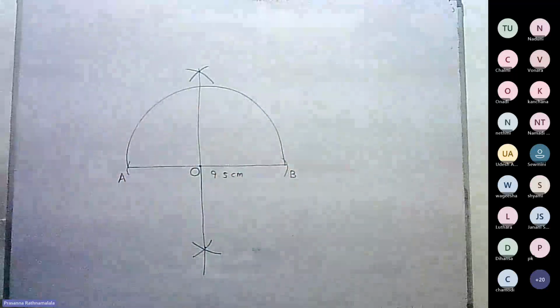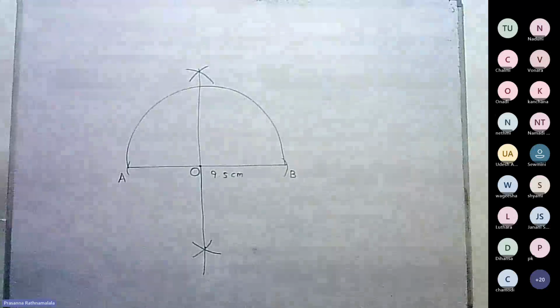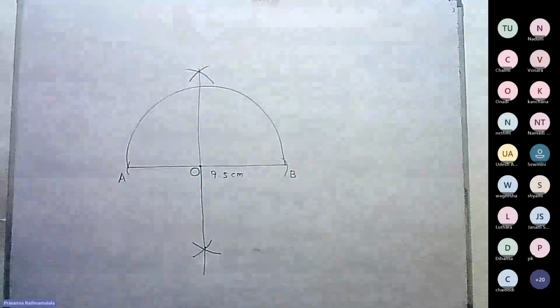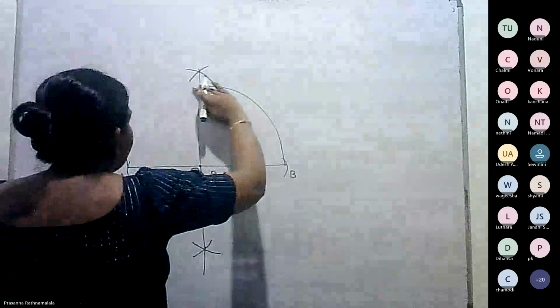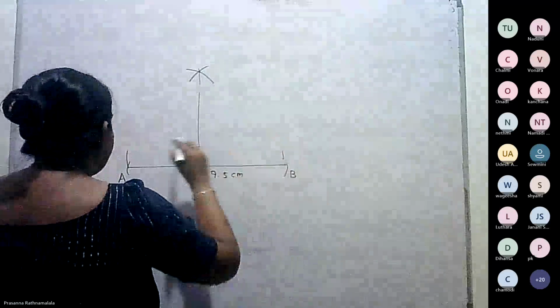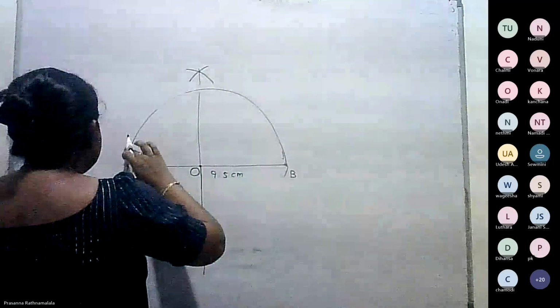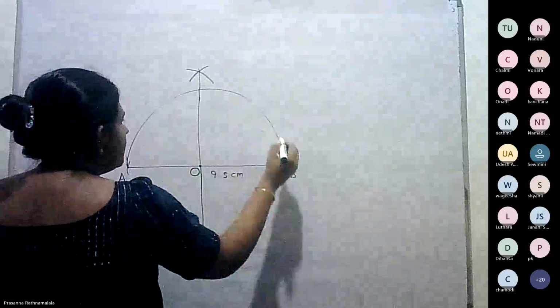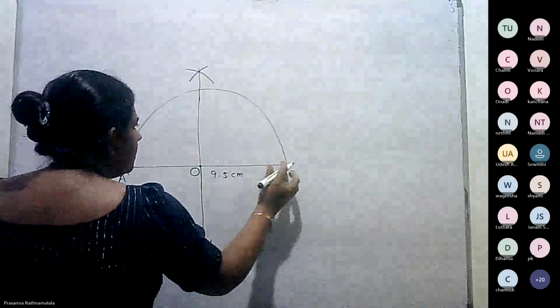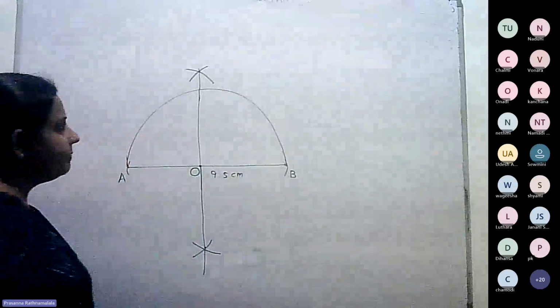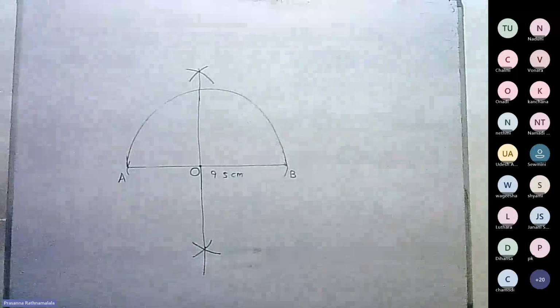That is a semicircle. The radius of that is AO.